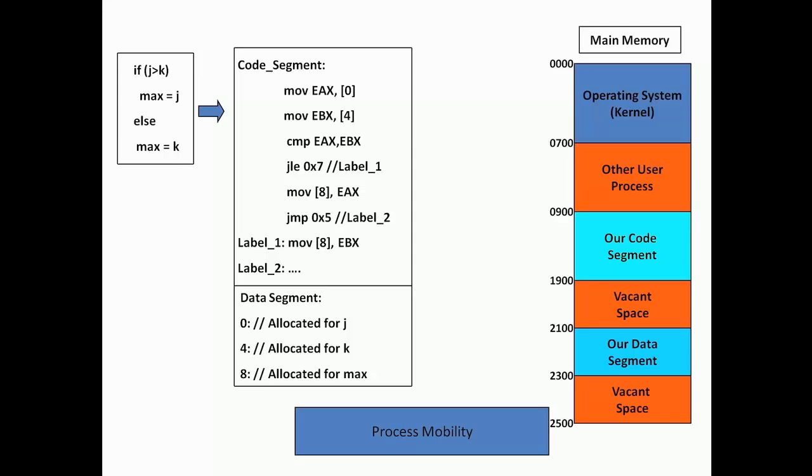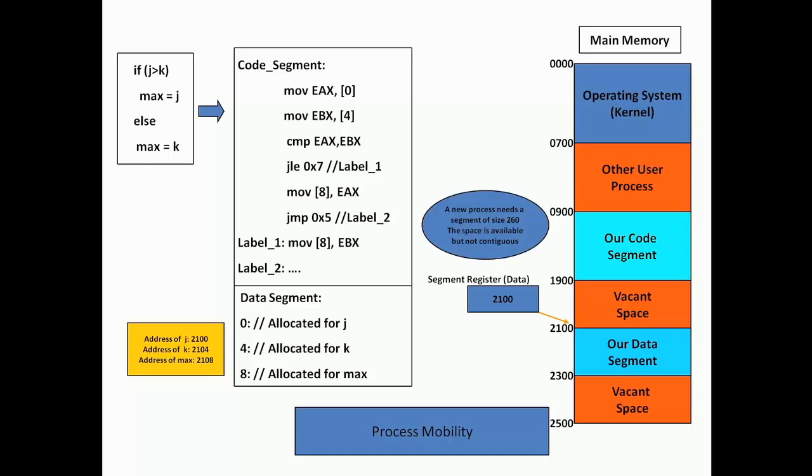This is the original memory organization. Address of J is 2100, K is 2104 and max is 2108. Now, a new process wants to come and it needs 260 bytes of segment. Okay. Now, is there a 260 bytes large segment here? Look at the vacant space.